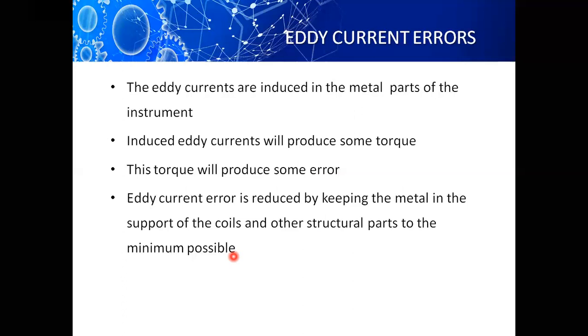That means we are reducing the metal parts in order to reduce the eddy currents. If eddy current error is reduced, the frequency error can also be reduced by maintaining L by R constant, the inductance or reactance to resistance ratio of the coils the same as the shunt. If you use a shunt material, we have to maintain it the same. By doing so, we can try to reduce the frequency errors. We have seen the same in the previous video lecture also.